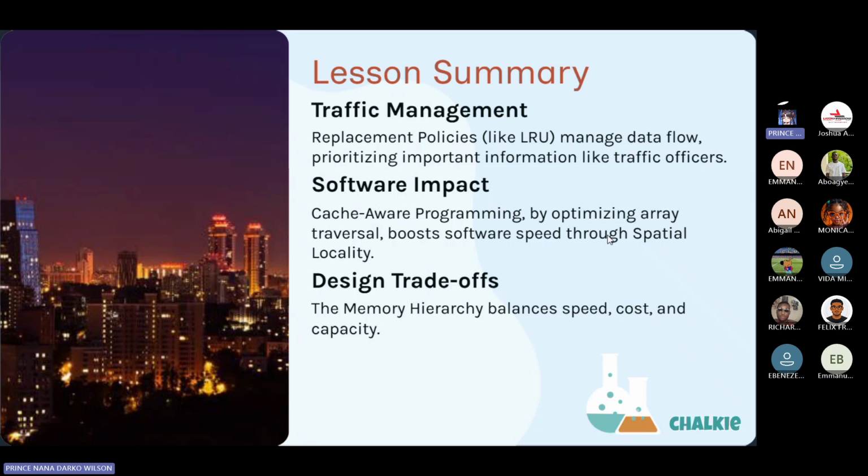Traffic management: replacement policies like least recently used manage data flow, prioritizing important information like traffic officers. Software impact: cache-aware programming, by optimizing array traversal, boosts software speed through spatial locality.